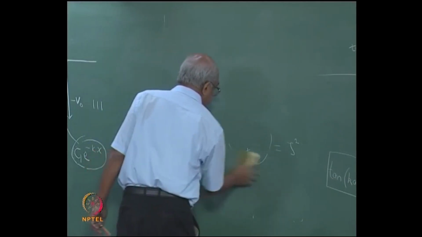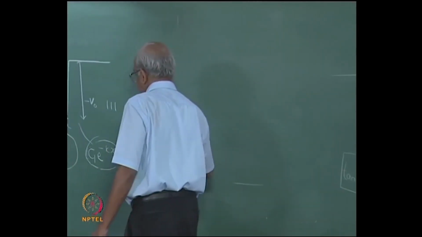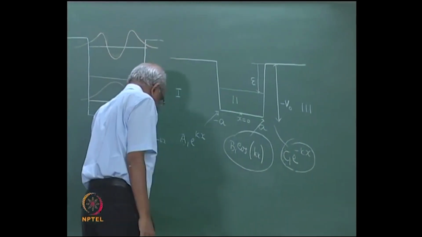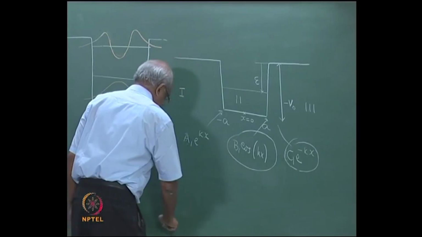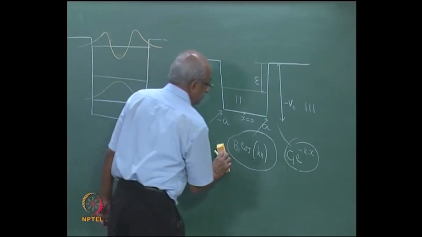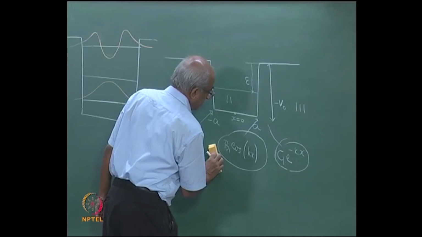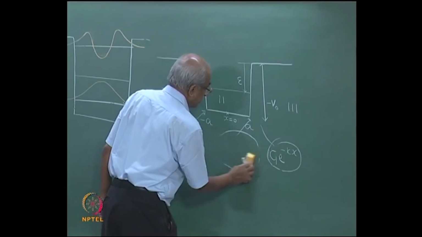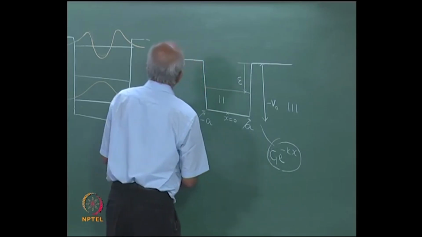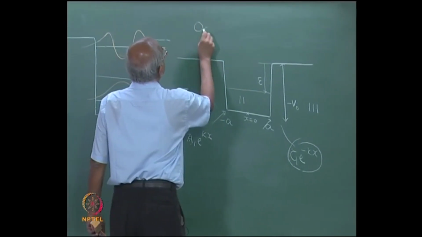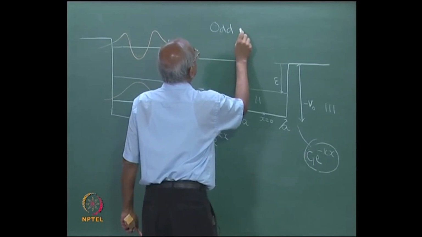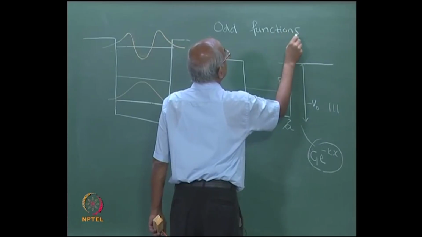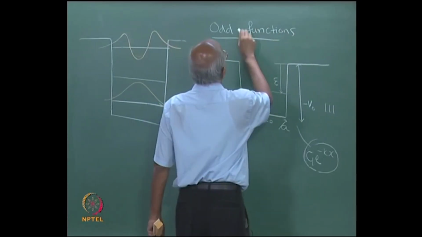Well, let me very quickly tell you what happens with the odd functions. What will happen is quite simple. You won't have this B1 cos kx in this region, but instead the wave function is odd or antisymmetric.